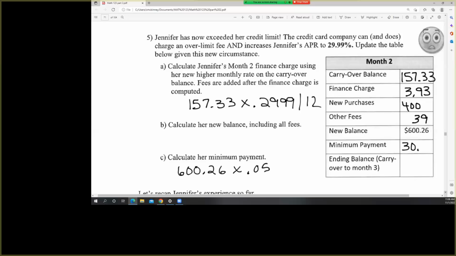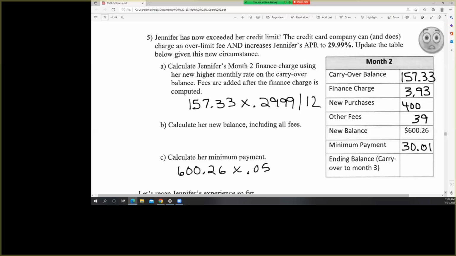Minimum, I did the 600 times. Did you do 299 divided by 12? Oh, no. We have to find her minimum payment first. Right. The minimum payment, just the 5%. I had $30.01. You got that too? Okay.